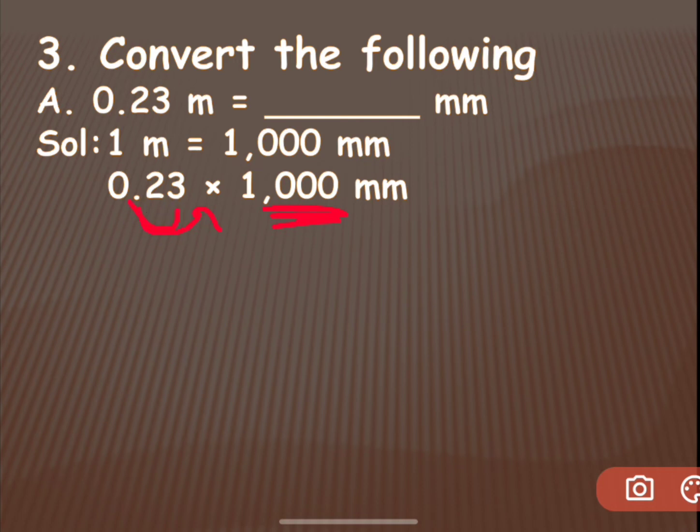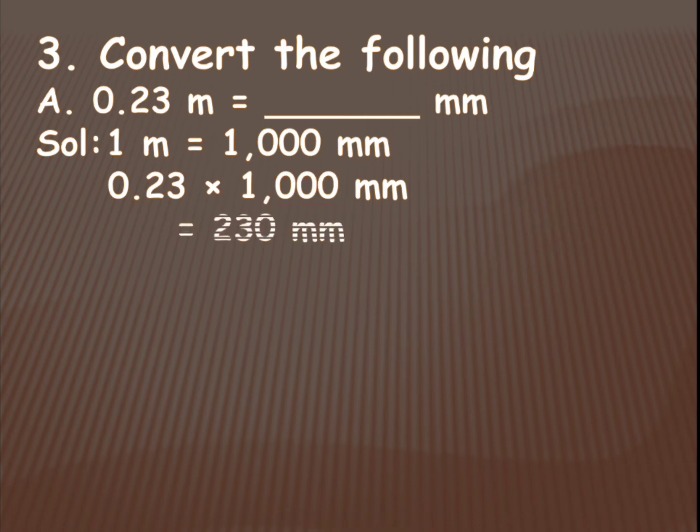For the first 1, the decimal moves to after 2, that becomes 2.3, and again 1 moves to the other side, 23, again there is a 0, that means 23 into 10 is left out. So these two we have just moved the decimal. After moving the decimal after 23, again you have a 0, which is 10, that becomes 230, isn't it? So you will write 230 millimeters.